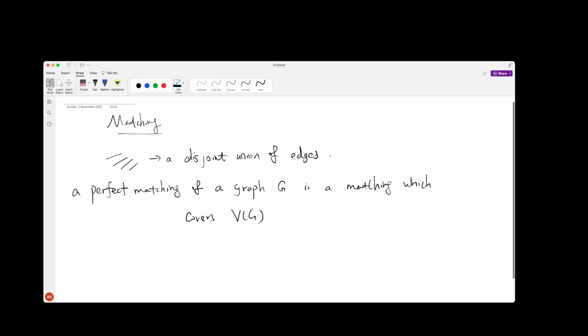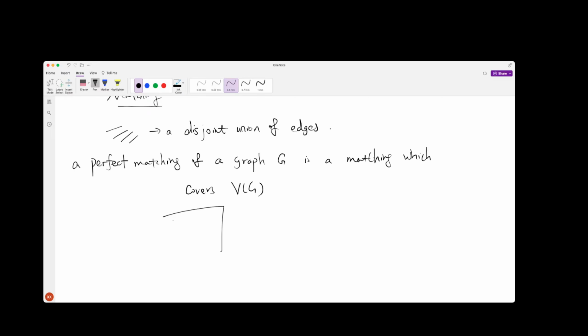So what's happening is that you have a graph G here. First, G must have two m vertices. So the number of vertices of G must be an even number, and then this matching is called a perfect matching if it contains all the vertices of G.